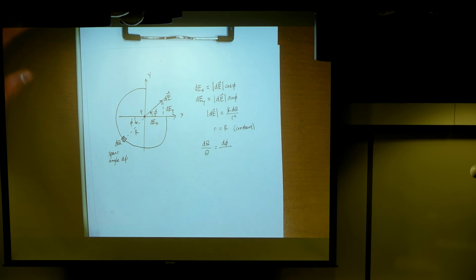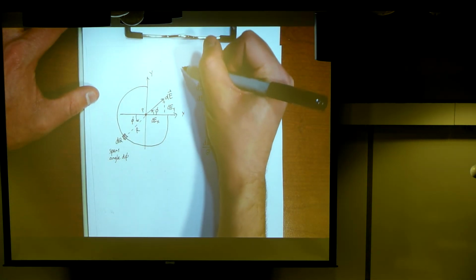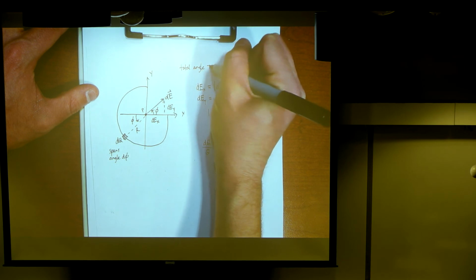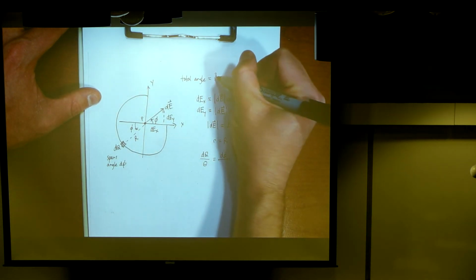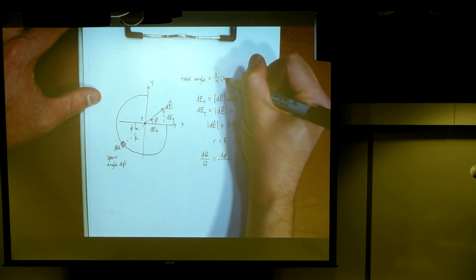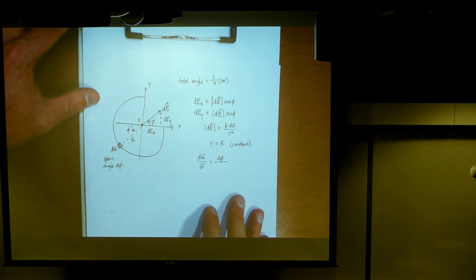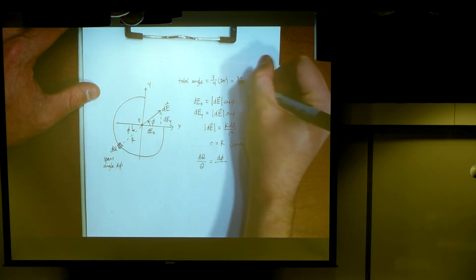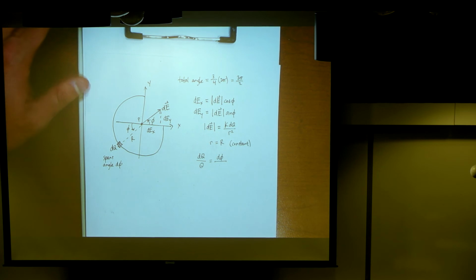Now, what can I say about that total angle? 3 pi over 2. Yeah, so here, let's work it out. Total angle, right? Well, we have 3/4 of a ring, and a total ring would be 2 pi, right? So yeah, we have 3 pi over 2. That's where that comes from. So you're correct, I'm just showing where that comes from, okay?